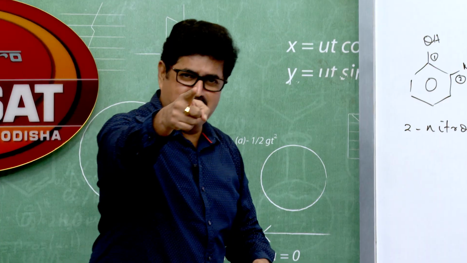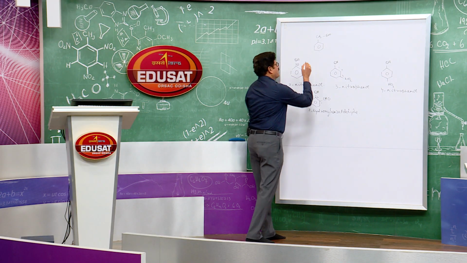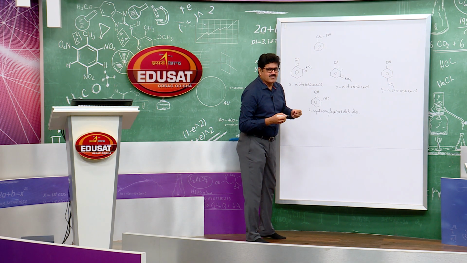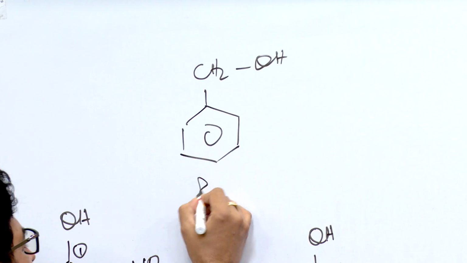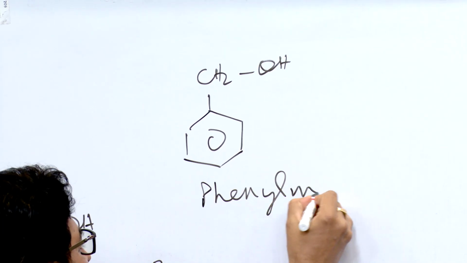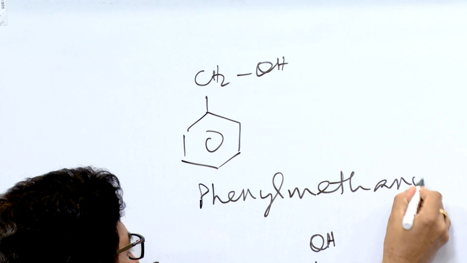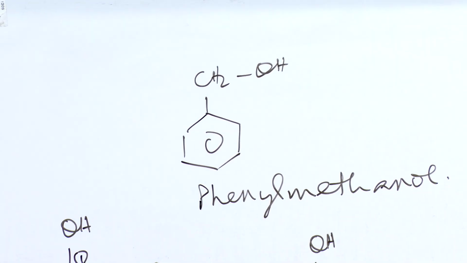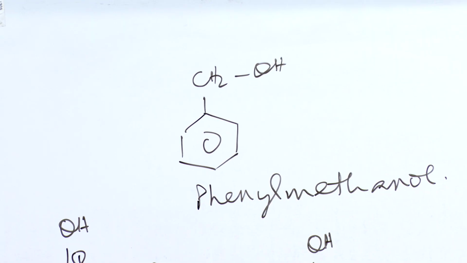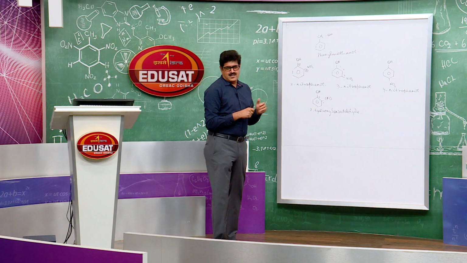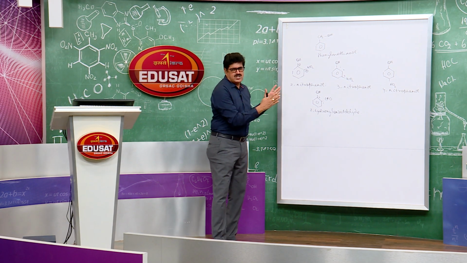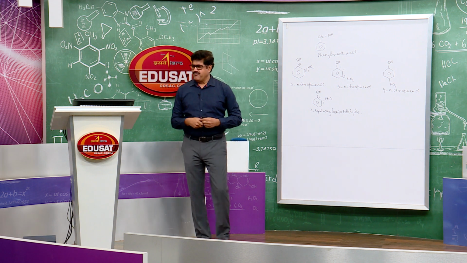Got it? Yes. So what is the name of this compound? This is phenyl methanol. Here phenyl is the substituent. Phenyl methanol is the aryl derivative of alcohol. Okay. So this is the nomenclature of monohydric phenols.